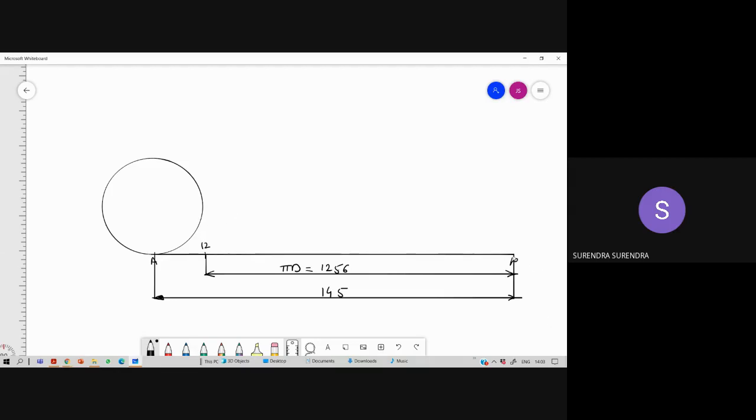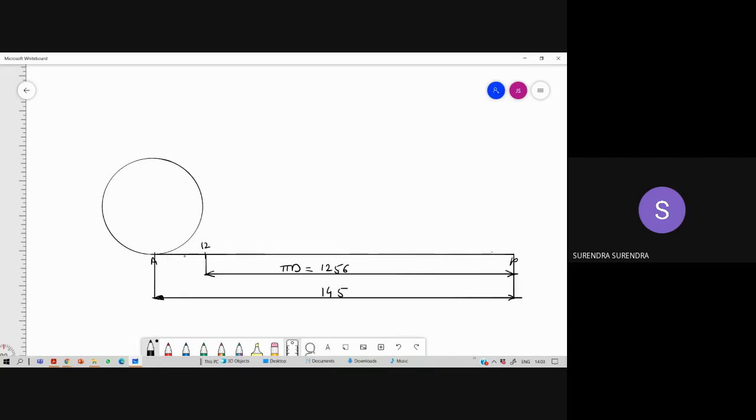Now divide the distance between P and 12 into 12 divisions using the same inclined line method, but since we have already reduced time, I'm not showing the process. I'm simply dividing P to 12 into 12 divisions.